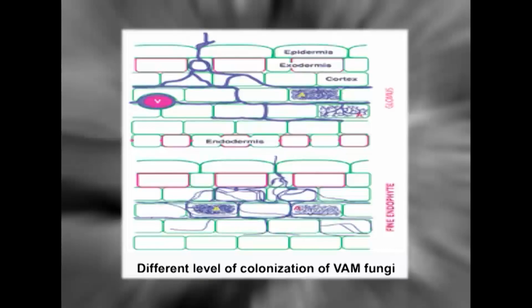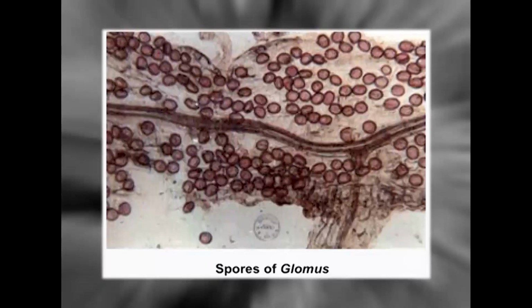In what way are they advantageous? Actually, this particular VAM will produce some mycelia and will acquire nutrients from the soil. And this particular VAM fungi can produce numerous spores, and these spores, because they are produced outside in the air, sometimes they can be allergens and they can be pathogenic.